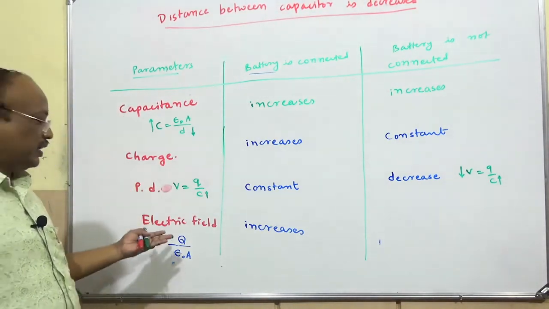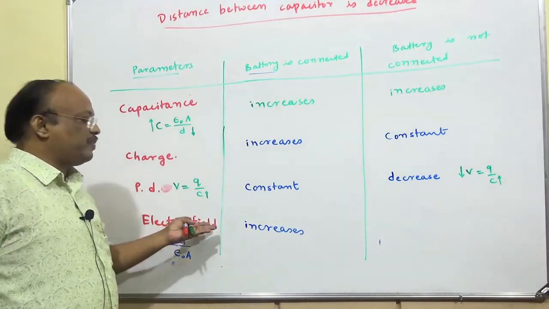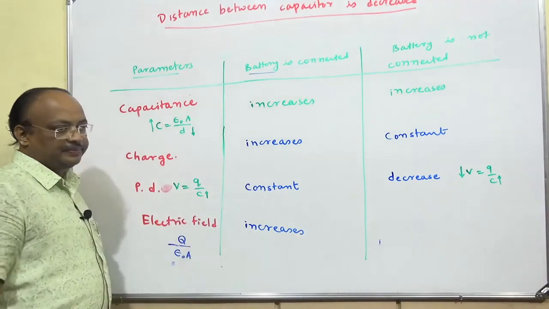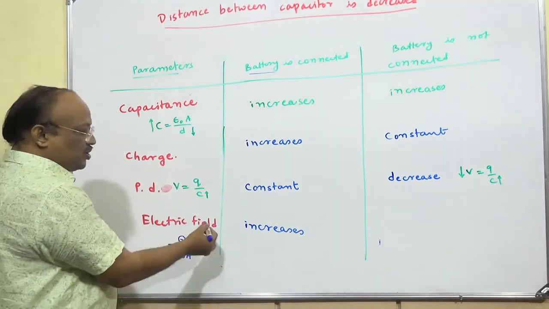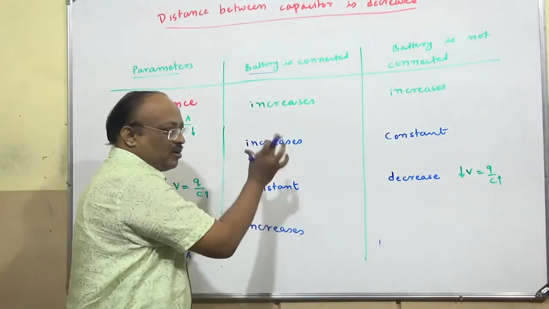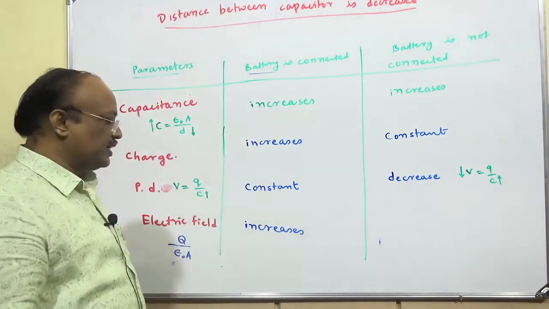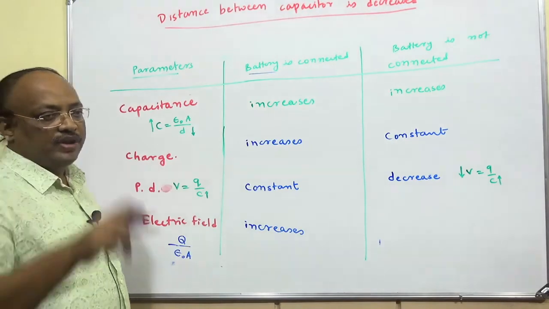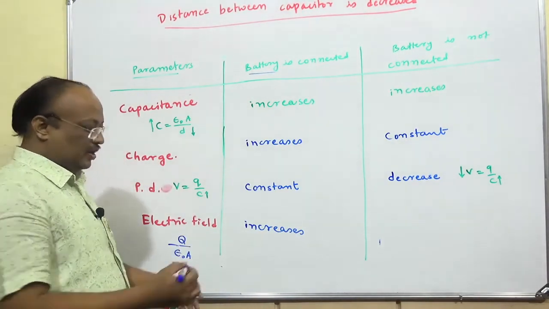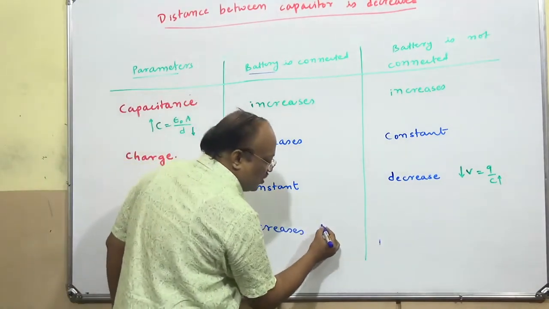Or even E is equal to V by D also. We can do this for the electric field. E is equal to V by D. What has happened? V remains constant, D is decreasing.